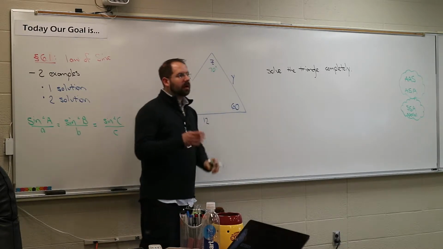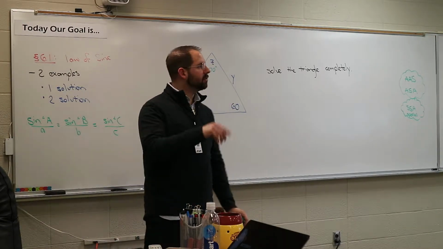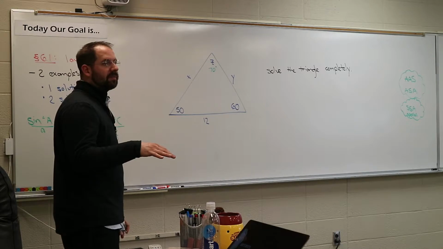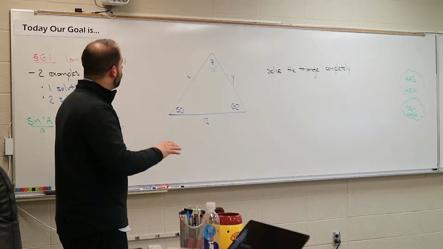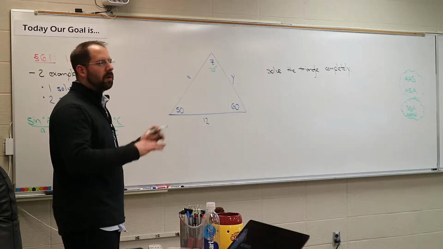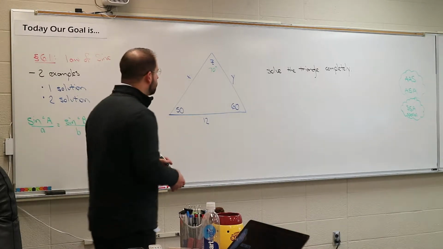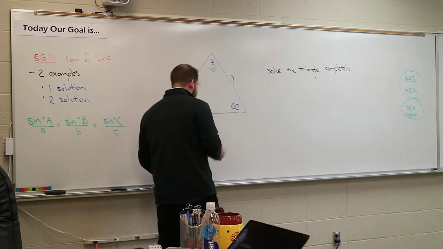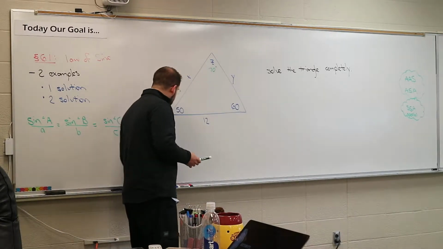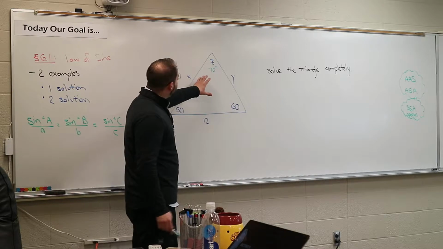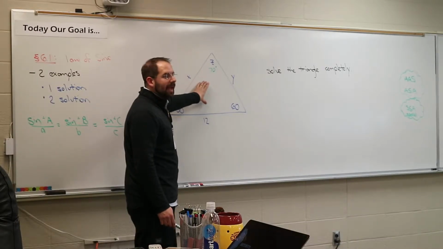Now, the reason being, all triangles, it doesn't matter if it's obtuse or acute, always have to add to 180 degrees on the interior angles. Why is that? It's because of the way that parallel lines work. But anyway. Okay, so does everyone understand how I found the missing angle though?